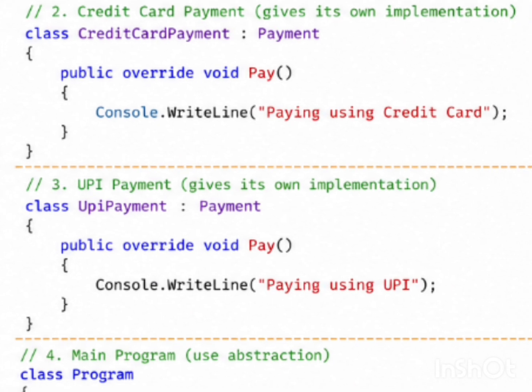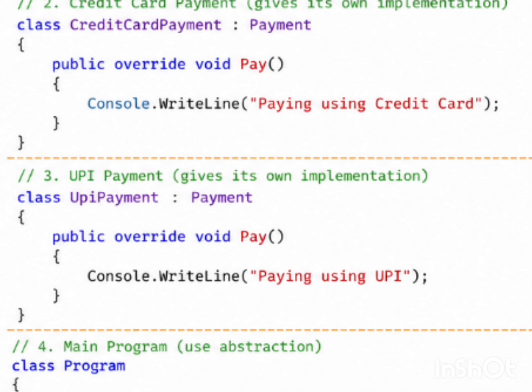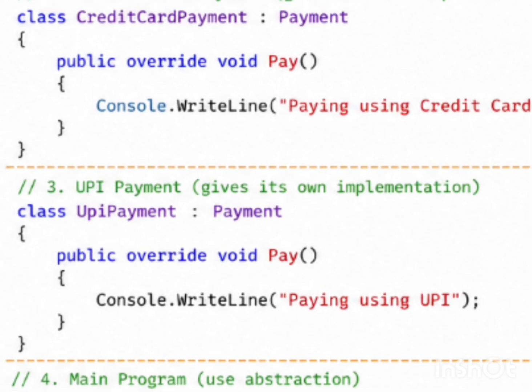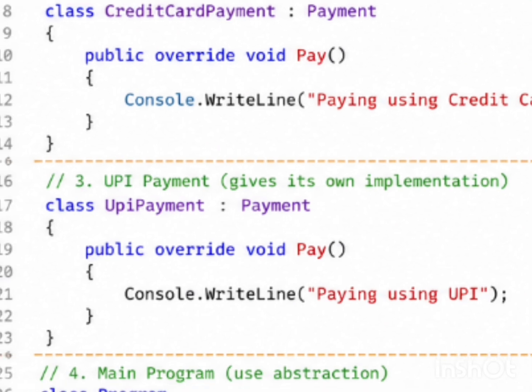So now when I create a credit card, if you see down, the class CreditCardPayment is implementing this Payment class. Inside this, just use that pay method and give your own implementation. Implementation means how credit card payment happens, what happens, the logic will be different, right? That you will give. And for UPI payment you create a separate class and give your own implementation for what happens in UPI payment.